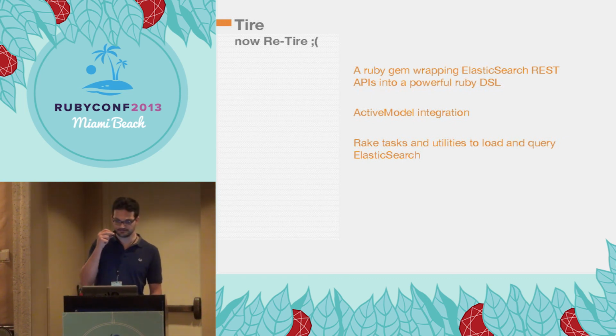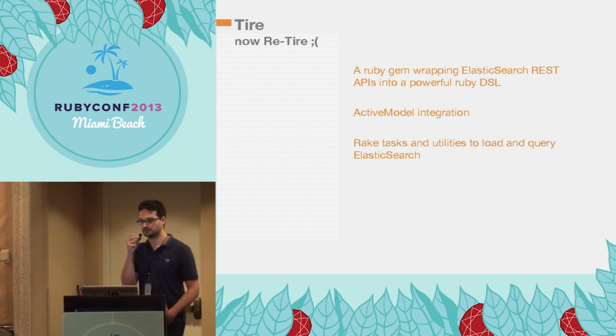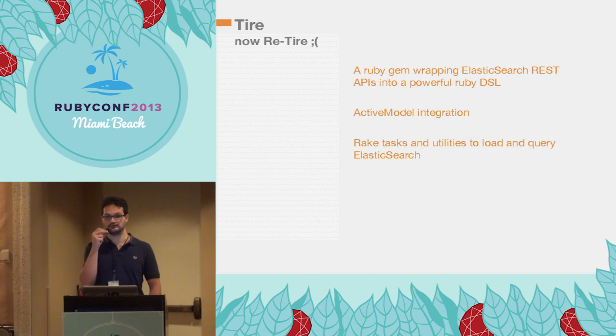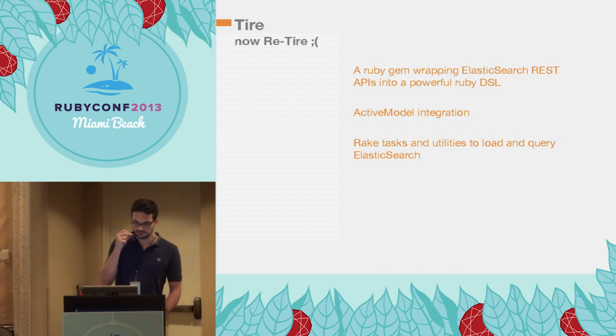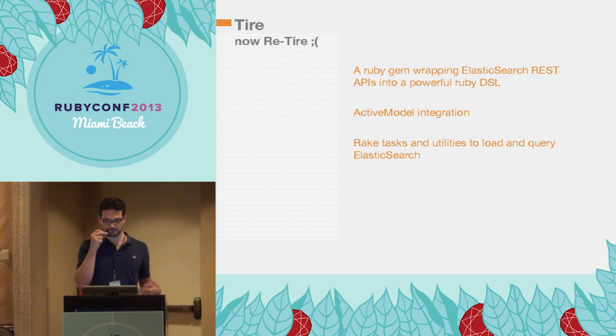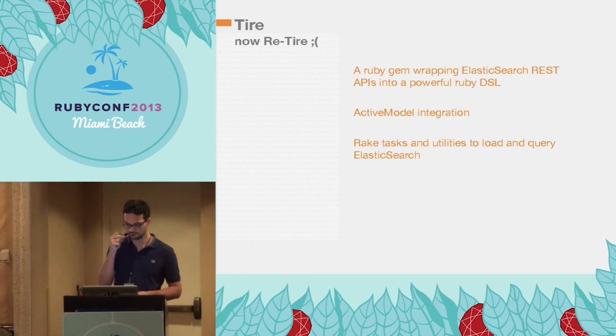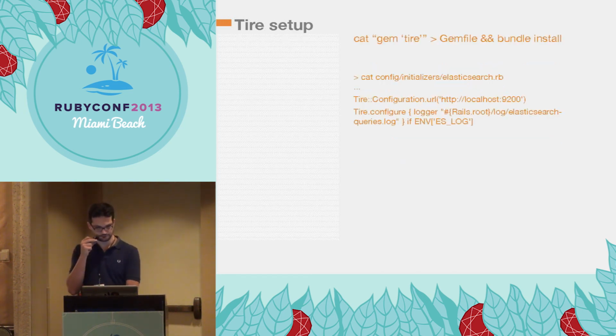It also supports a nice ActiveModel integration, so if you're using Rails, you can basically forget about Elasticsearch. You will have a few methods that you can operate on the class, and all the complexity is totally hidden. And last, it provides a set of utilities and tasks to perform operations that you would otherwise do by hand, for example importing the data, and I'll show a couple of cases.